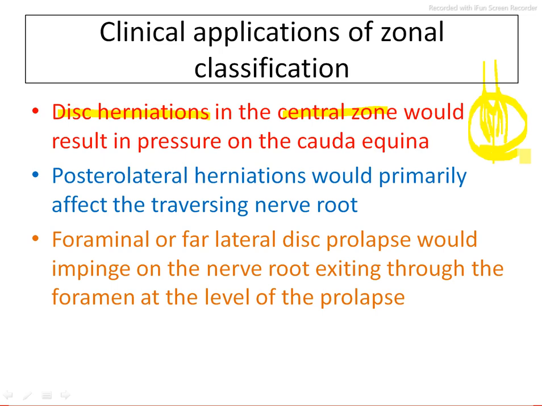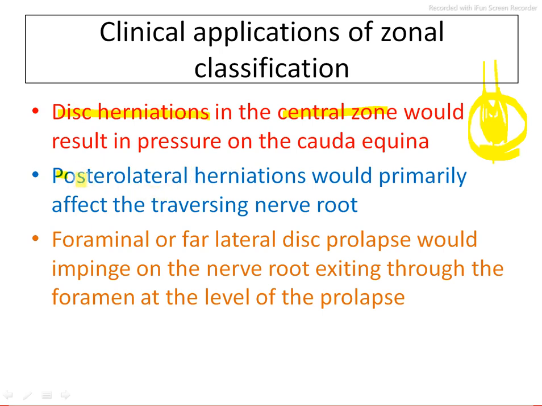This neurovascular bundle, they are the cauda equina. And when there is central disc prolapse, suppose disc prolapse in this region, then what happens? The cauda equina gets compressed, and because of this there is a high tendency of cauda equina syndrome.